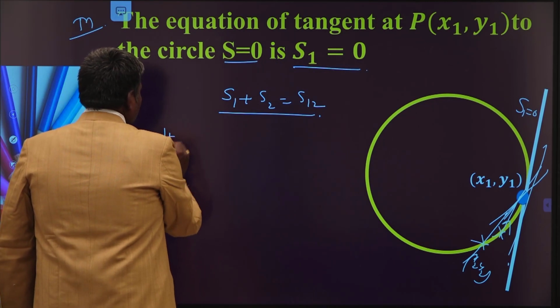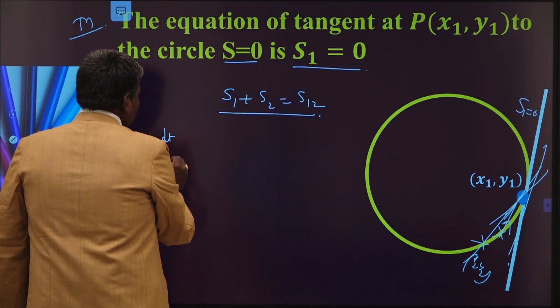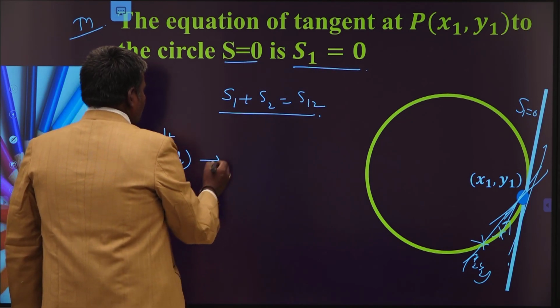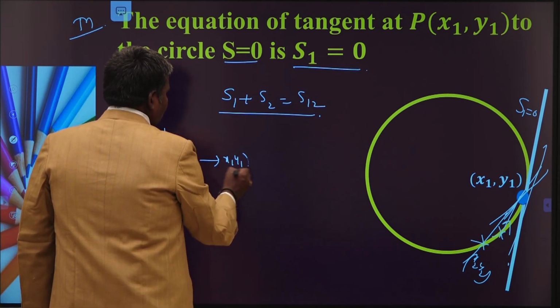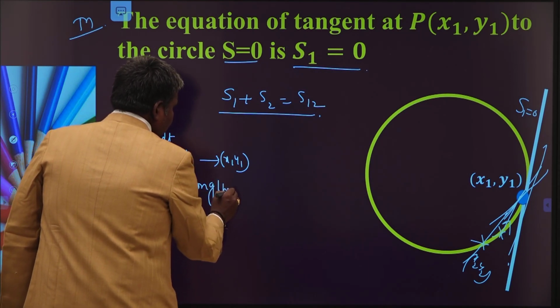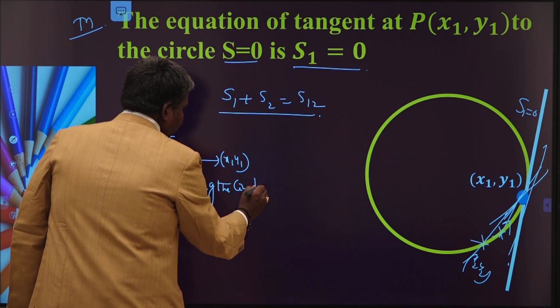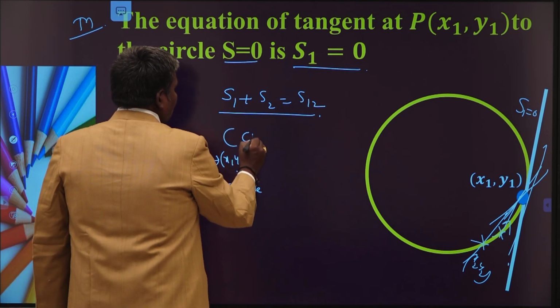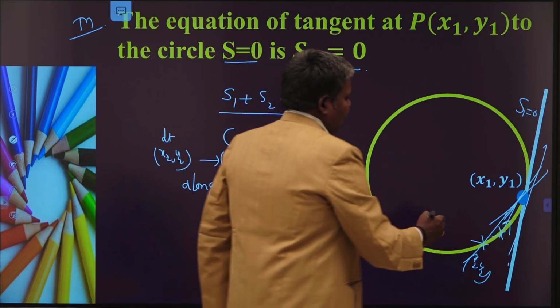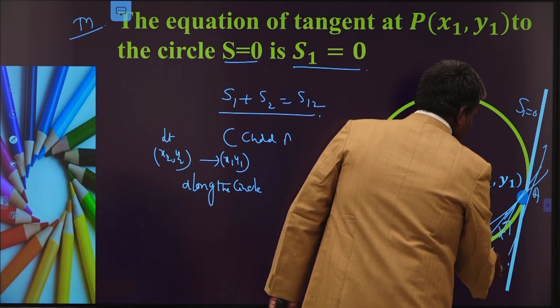We take the limit as (x2, y2), the neighboring point to (x1, y1), tends to (x1, y1). This is done along the circle. Along the circle, chord AB: this is point A, this is point B, say.